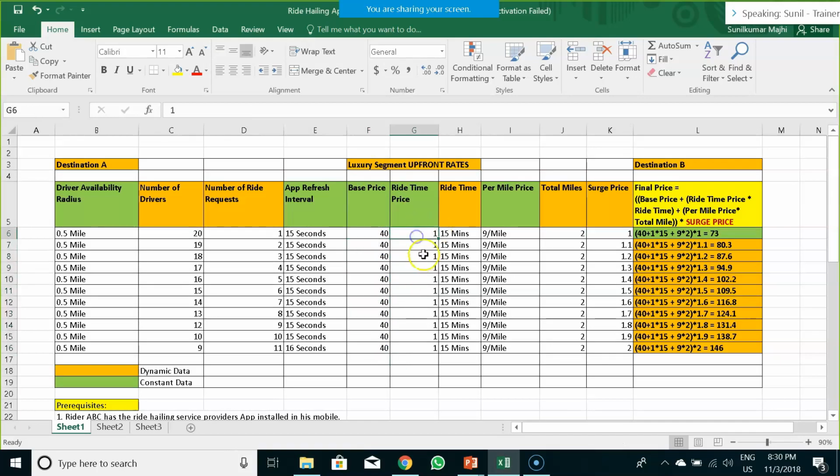If the ride time price here is 1, for the other categories of Uber segments, the ride time fare would be 0.8, 0.5 and so on. So the algorithm would remain the same, but the factors would be different, and that would directly impact your pricing calculation. Once you design a particular algorithm for a system, you can customize it based on the products that you are configuring that algorithm for.